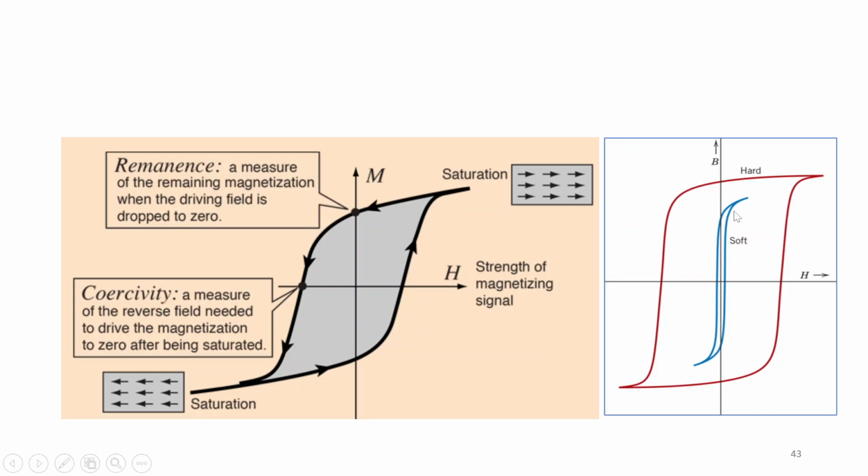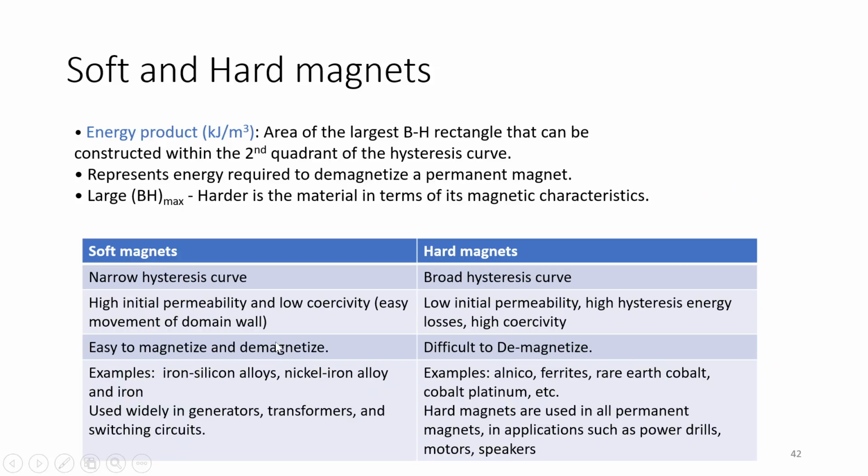The narrow loop is for soft magnets, and the broader loop is for hard magnets, so broad hysteresis loop and narrow hysteresis loop. Examples of soft magnets include iron silicon alloys, nickel iron alloy and iron, and for hard magnets they are alnico, ferrites, rare earth cobalt and cobalt platinum, etc.